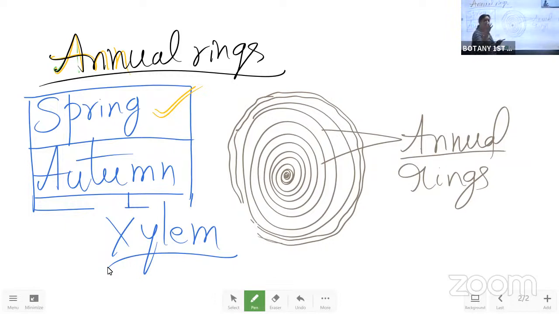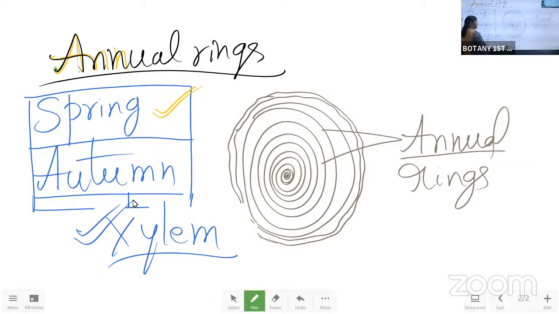Here, the key word is efficient. So for this efficiency, the cells have to be somewhat bigger in size than the normal cells. So that is the reason why xylem is developed more than the phloem cells during the spring season. Okay.